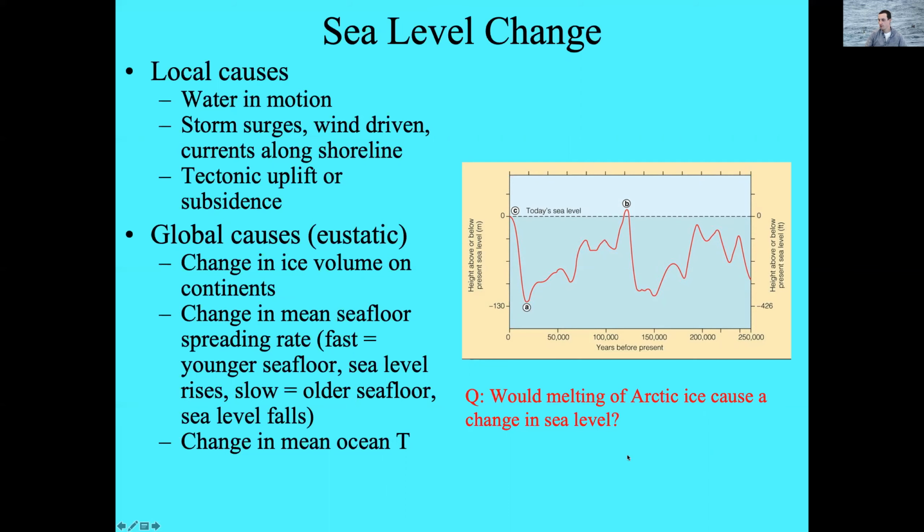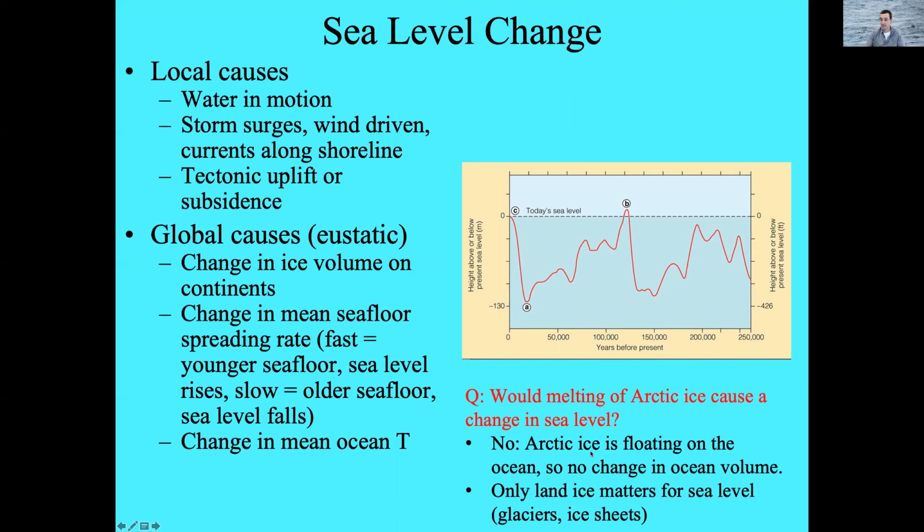So one thing to consider, if you just pause for a second and think about it: would melting Arctic ice cause a change in sea level? People often make the assumption that it would, that if you melt ice, you're adding to sea level rise. But that actually is not true. Most of the ice in the Arctic is sea ice that's floating on the ocean already.